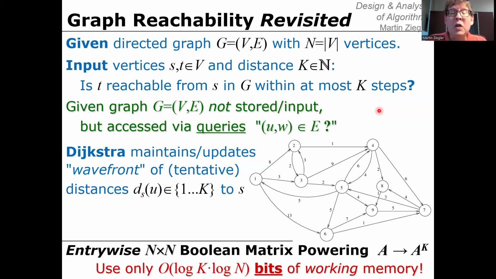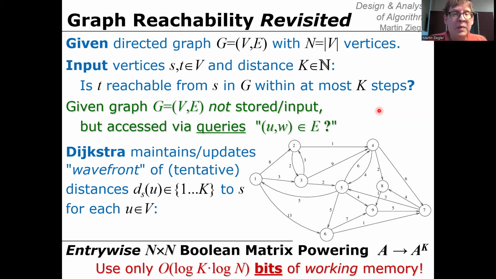Then it considers all immediate neighboring vertices to the start vertex. These are reachable within 1 step. And then it proceeds to the neighbors of these neighbors. These are vertices that are reachable within at most 2 steps, and so on, the wavefront growing.